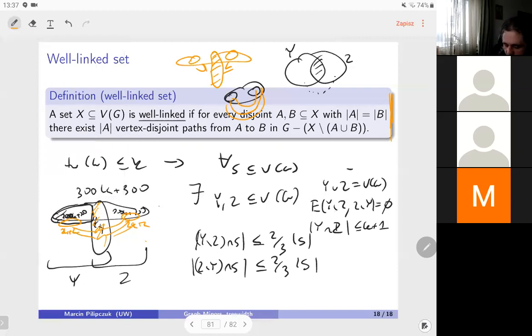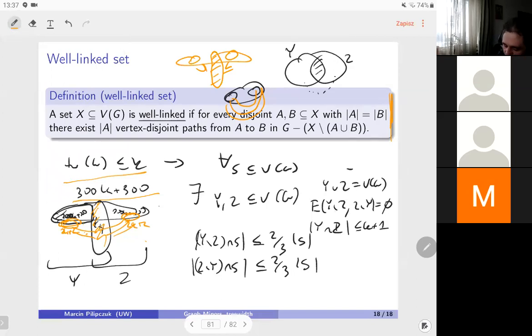And notice that this is really a proof that you cannot have a well-linked set of size 3k plus 3 in graphs of treewidth at most k, because the separator will prevent you from having 2k plus 2 paths from this set to this set. So that's an obstacle.